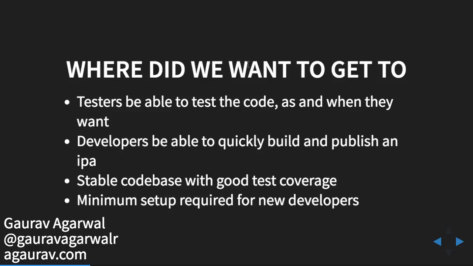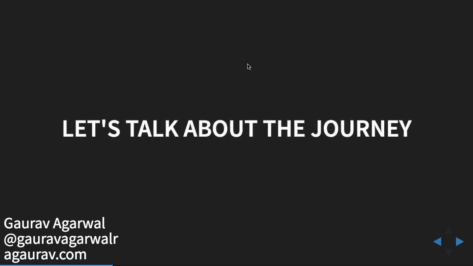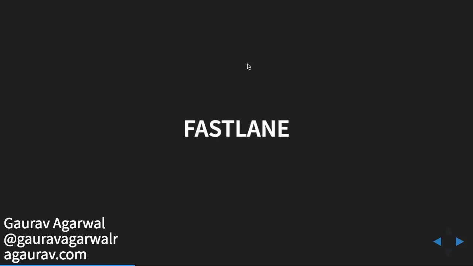We also wanted a stable code base with good test coverage, and minimum setup required for new developers when they join in. So that's the goal. I'll talk about what we finally did achieve, but let's talk about the journey.